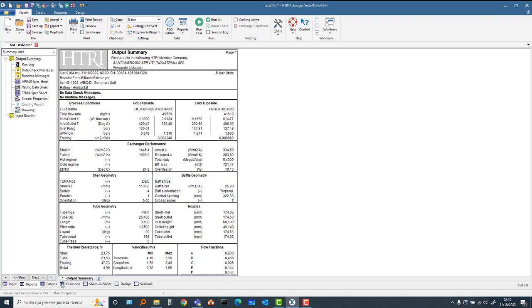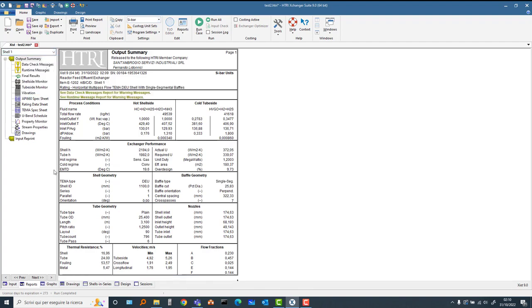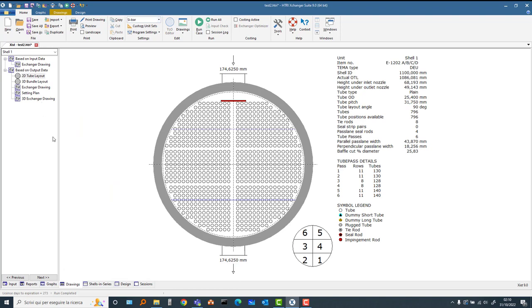But let's look at the tube layout now, how the tube layout is made. So again, we must check a single shell, drawings, tube layout. Well, there are always 796 tubes, despite the fact that now the tube layout is different because we have one more parallel lane.